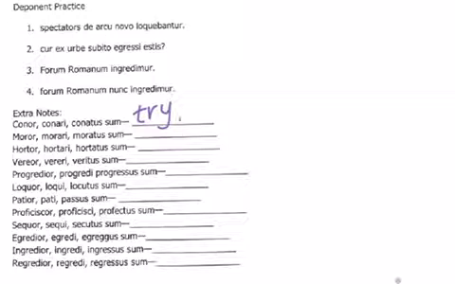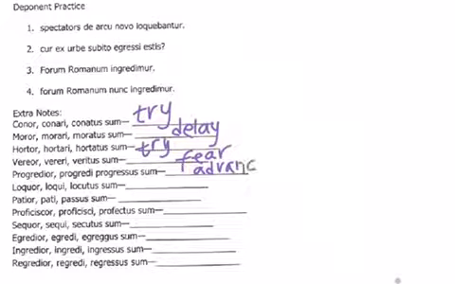Okay, moror, morari means to delay. Okay, hortor means to urge. Vereor means to fear. Progredior means to advance or progress. Okay, loquor means to speak.